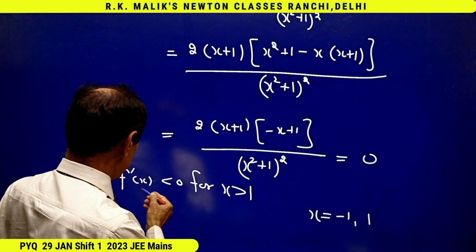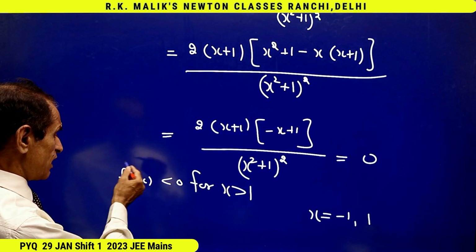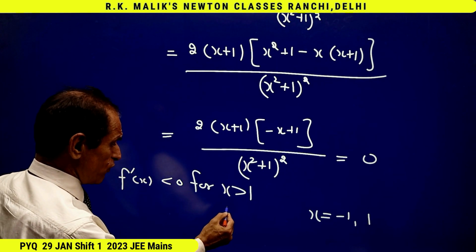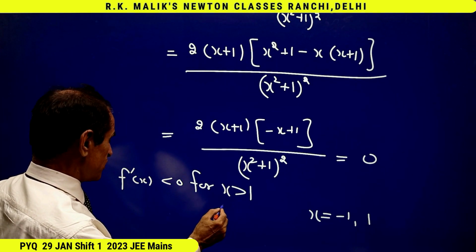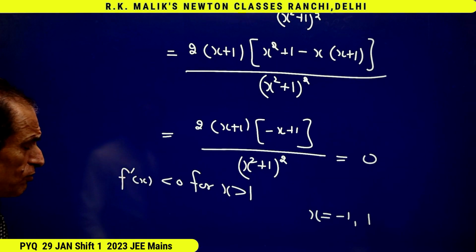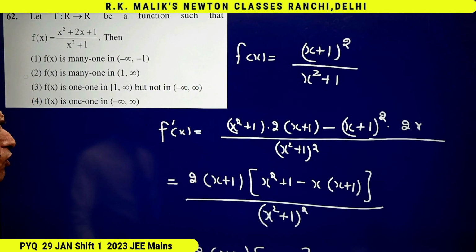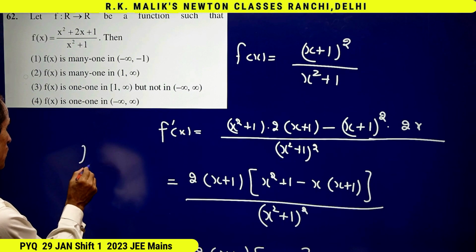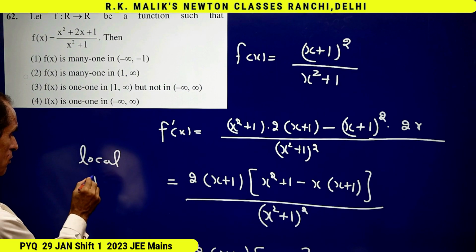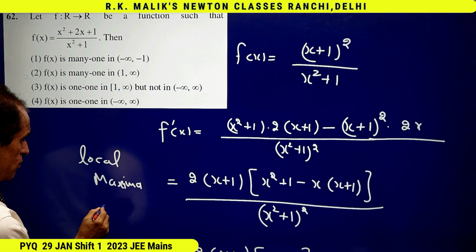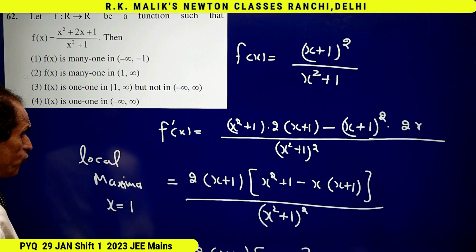And because I have found that for x greater than 1 f dash x is negative, hence it is sure that for x slightly less than 1 f dash x will be positive. Hence I can say this function will have local maxima at x equal to 1.